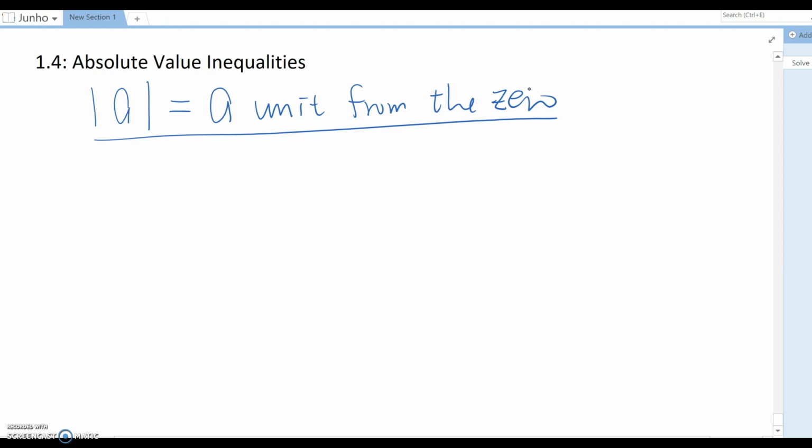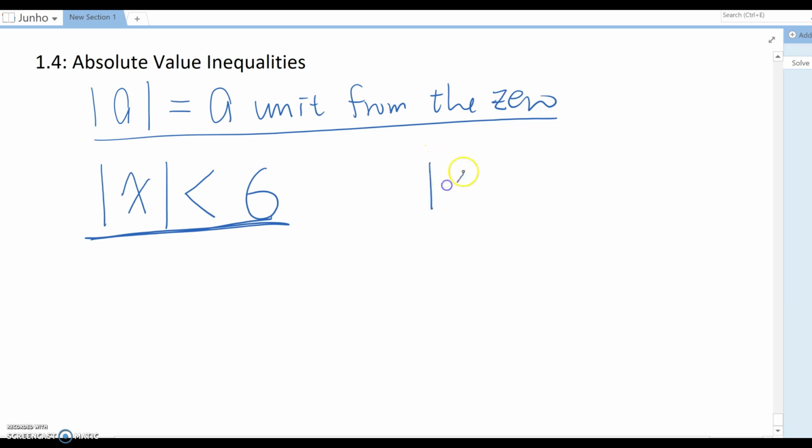Okay. So it was kind of an equation. So now we are finding inequality. One example: I want to make absolute x less than 6. Then you need to know what this means.